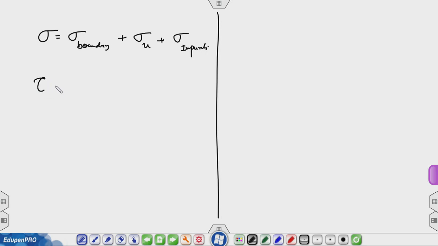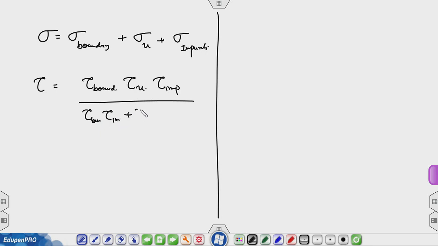Tau is going to be tau boundary, tau Umklapp, tau impurity divided by tau boundary, tau impurity plus tau boundary, tau Umklapp plus tau Umklapp, tau impurity. Depending on which one is the smallest, that is what is going to limit the thermal conductivity.